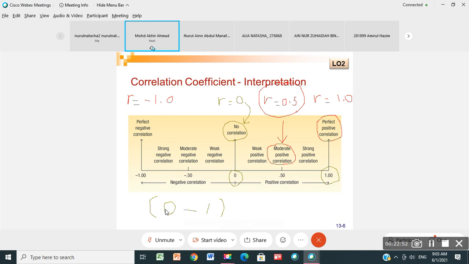Perfect negative correlation. Okay, good. This means indicate perfect negative correlation. So now how we got R equal to minus 0.5? Moderate negative correlation.